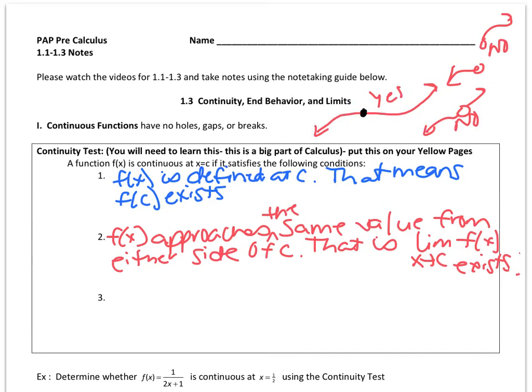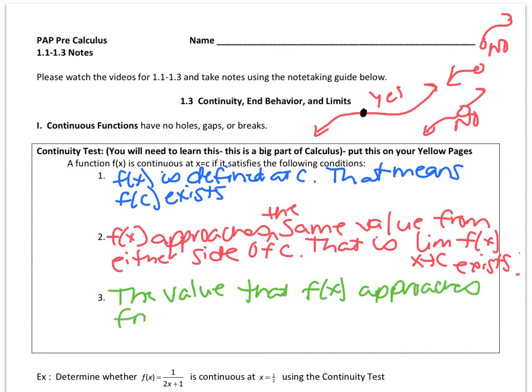And then the last step basically says, in order for it to be continuous, the value that your f of x approaches from each side of c is f of c. So in other words, you're basically going to combine these two together.